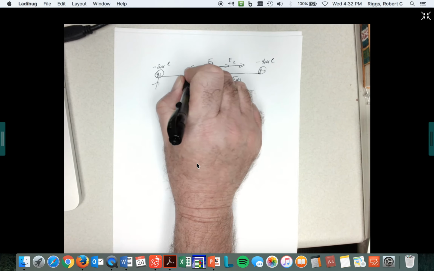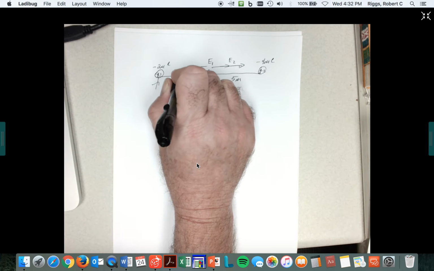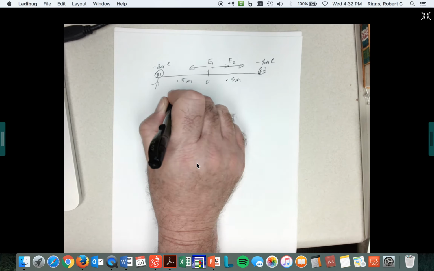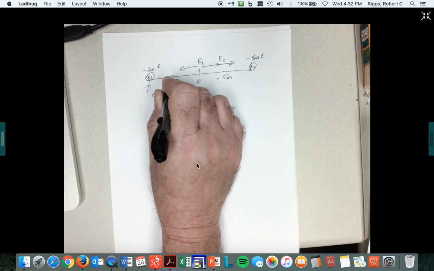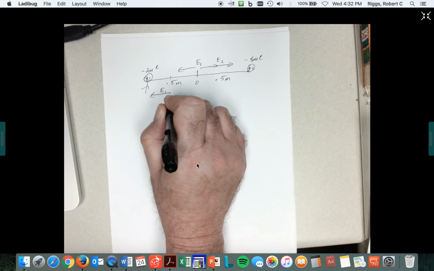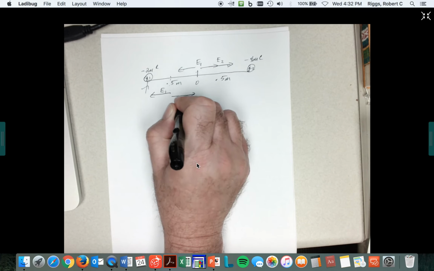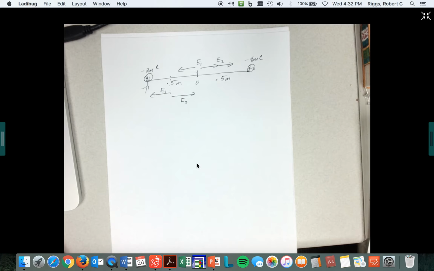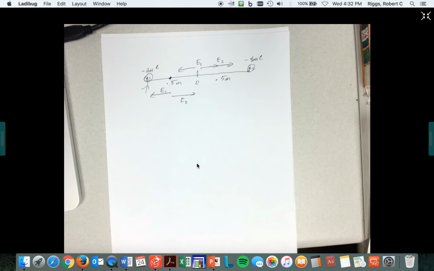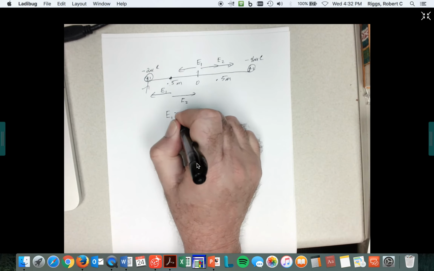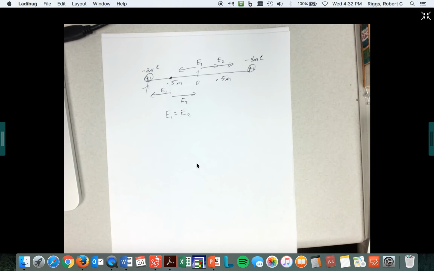So as I get closer to here, there's going to be a point over here where E1 is going to be this long and E2 is going to be this long, and I've got to find that point where they're equal, where E1 is equal to E2. And that's going to be on the left-hand side of the origin.